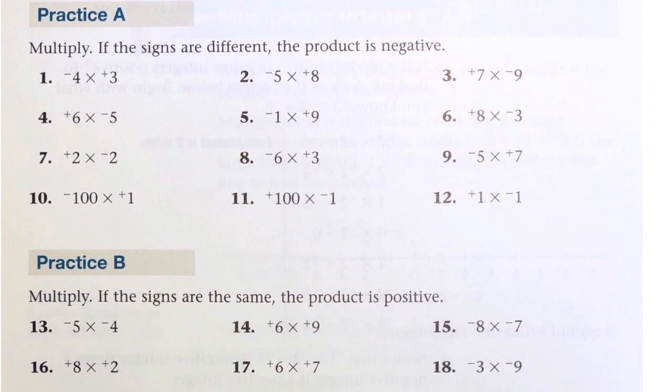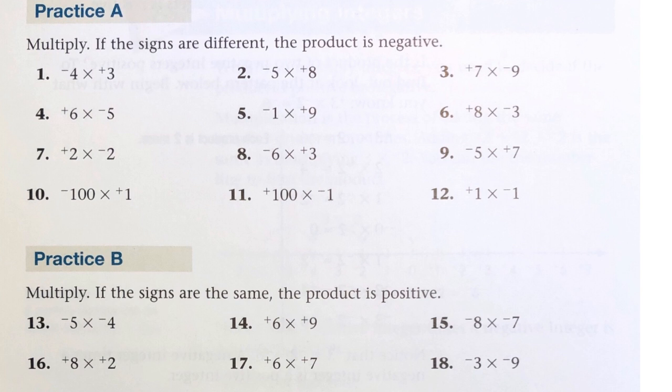Lots of practice. All right, practice A. Multiply if the signs are different. Remember, the product will be negative. Negative 4 times 3 is going to give us a 12. The signs are different, so it's negative. Negative 5 times 8 is two different signs, and 5 times 8 is 40.